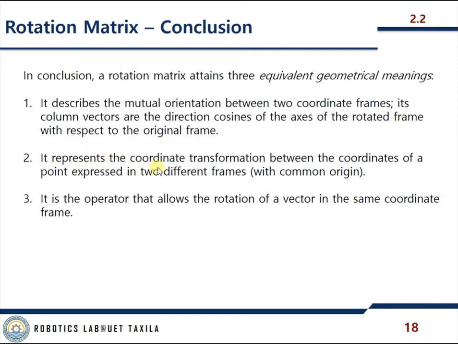Number two, it represents the coordinate transformation between the coordinates of a point expressed in two different frames with common origin. Number three, it is the operator that allows the rotation of a vector in the same coordinate frame. So we have these three equivalent geometrical meanings of the rotation matrix.